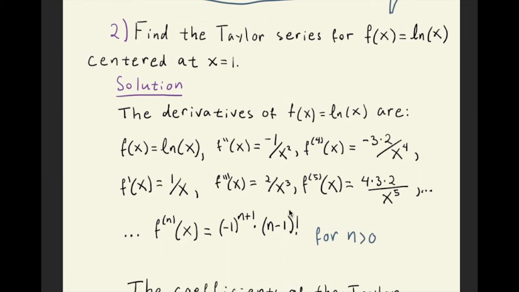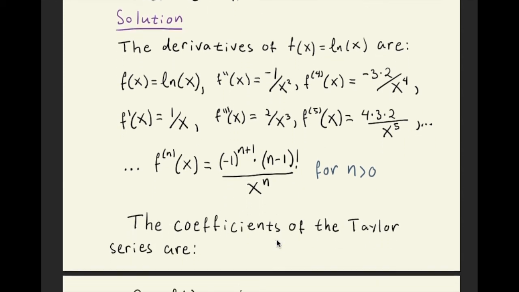That's why for this 5, you see a 4 factorial. This 4, you see a 3 factorial. And then finally, you divide it by x to the n. So fifth derivative, x to the 5. Fourth derivative, x to the 4. So this is the formula for the nth derivative of log of x.